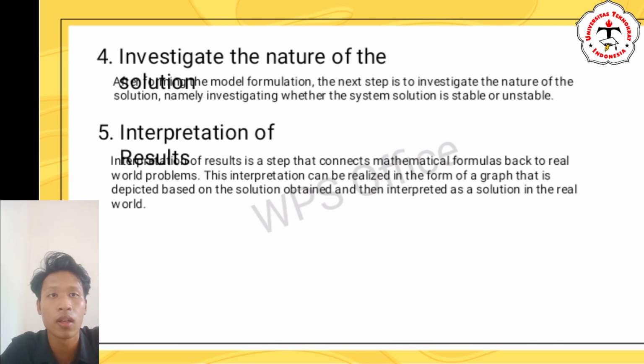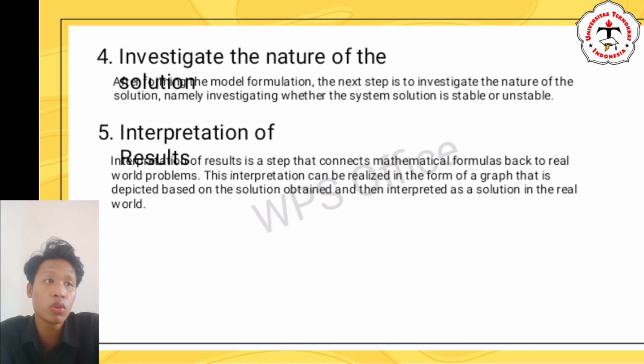After forming the model formulation, the next step is to investigate the nature of the solution, namely investigating whether the system solution is stable or unstable. 5 is interpretation of result.